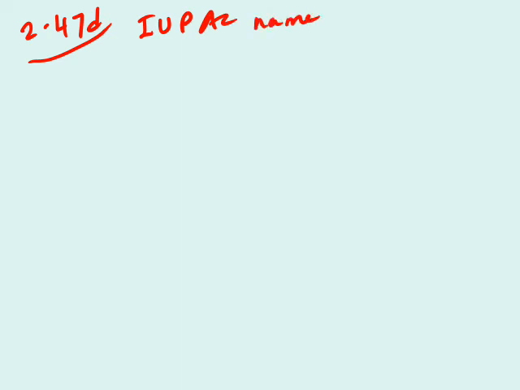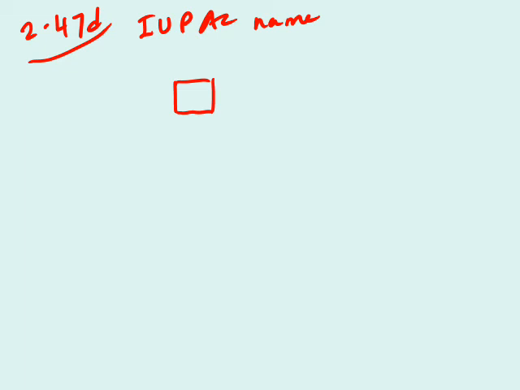Now we're going to discuss 2.47D. Again, this is IUPAC names. So I'm going to first draw the structure, and then I would try to name the compound. Obviously, this is cyclobutane because there are 4 carbons, one carbon at each corner.